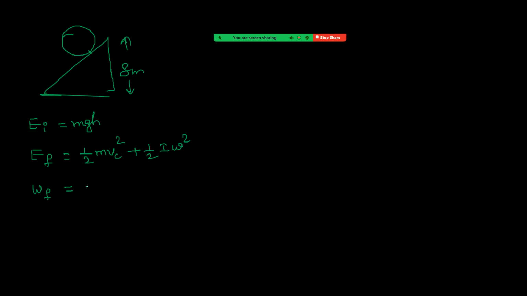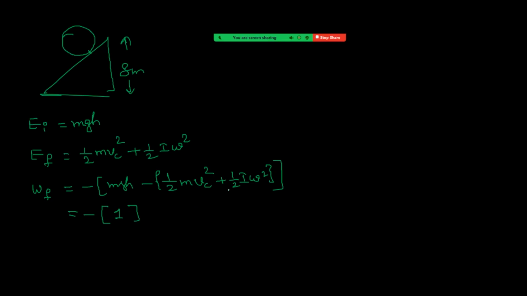So this is now equal to negative of mgh minus this final value, half m vc square plus half I omega square. And after making the calculation, this value comes out to be 1 joule.